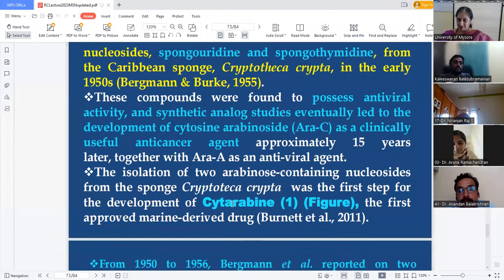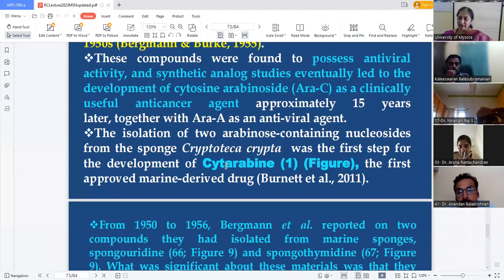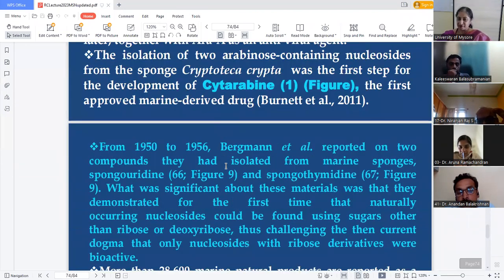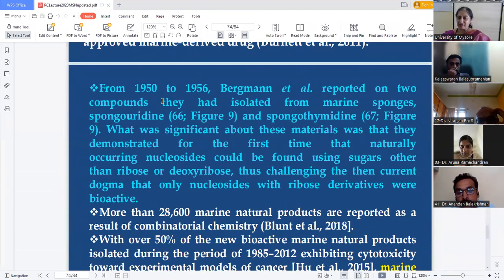And that's why the first drug from the marine biology side is cytarabine. Okay, it's a cytotoxic agent that's been isolated from the sponge Cryptotheca crypta. Okay, this is from a Caribbean sponge. So that completely changed.